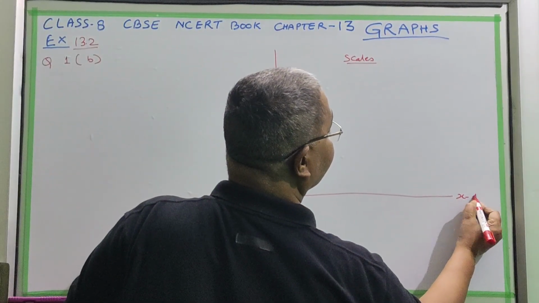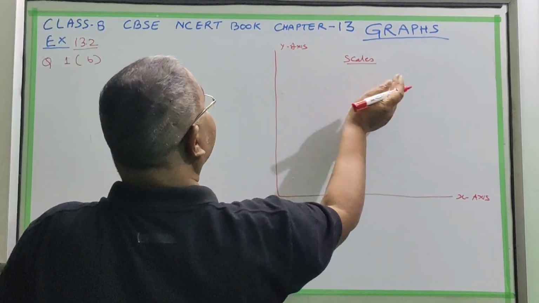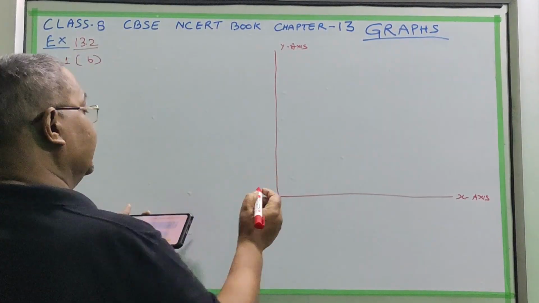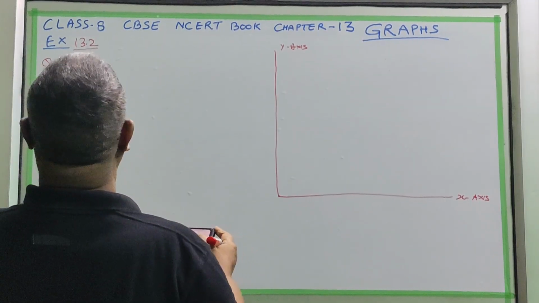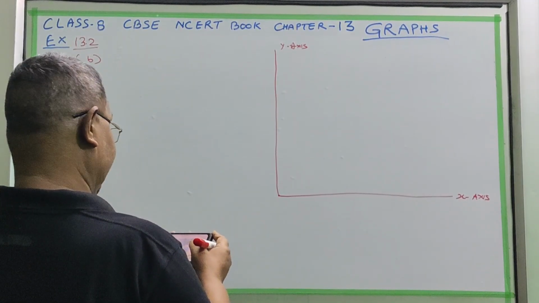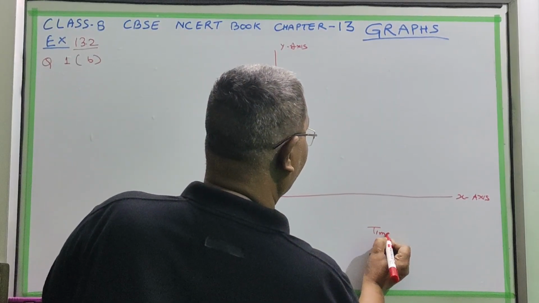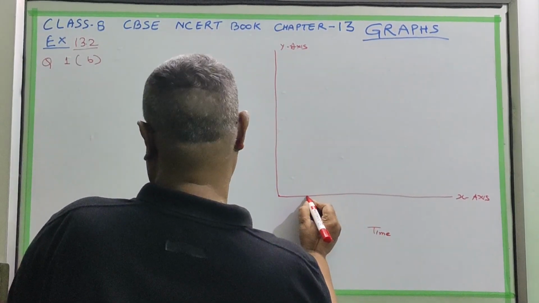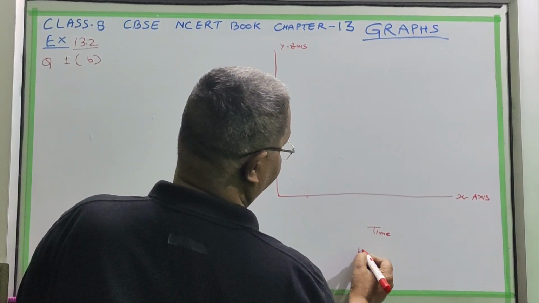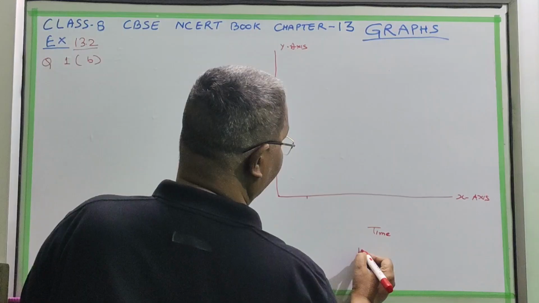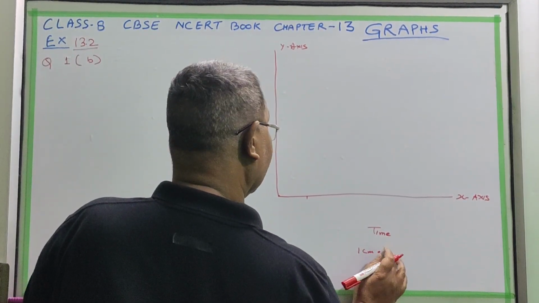X-axis and Y-axis. You can take your own scale, and this is your 0 point. It is a question of distance traveled by car and time. So time, 6 am, we are taking here. 1 centimeter is equal to 1 hour.